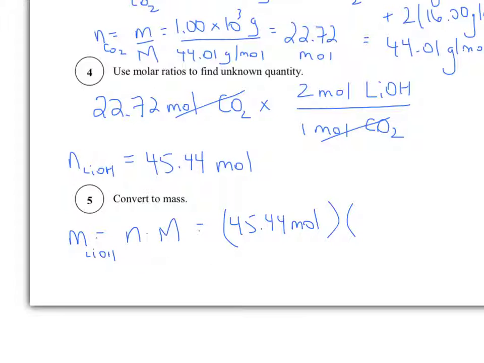If we calculate the molar mass of LiOH, we get 23.95 grams per mole. And our final answer will be 10.88 grams. And since we started with 3 significant digits, we're going to round our final answer to 3 significant digits.